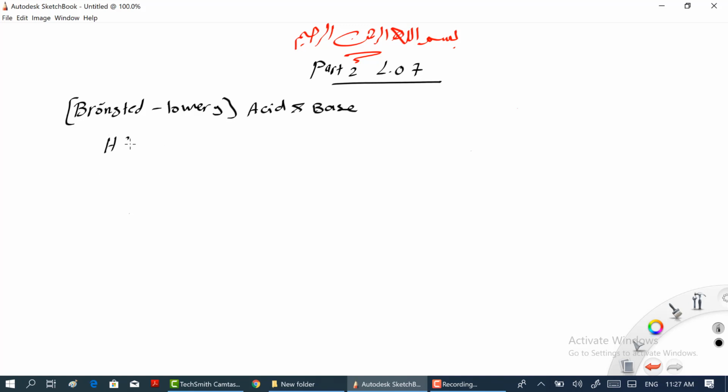For the acid HCl plus water, giving to us H3O positive plus Cl negative.